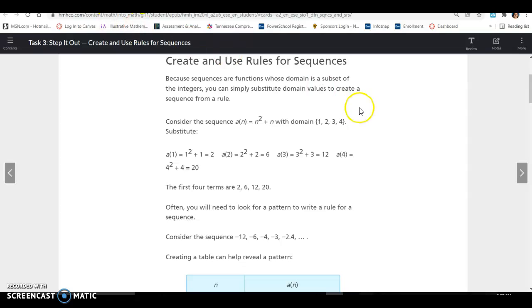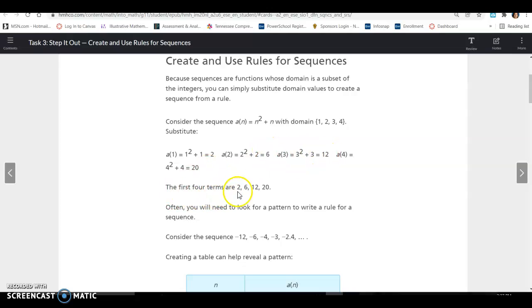Substitute 1, 2, 3, 4 into this to find your answer. So you're going to have 1 squared plus 1, 2 squared plus 2, 3 squared plus 3, and 4 squared plus 4. So you can see we substituted the domain n for n and just found those numbers. So the range would be 2, 6, 12, and 20.